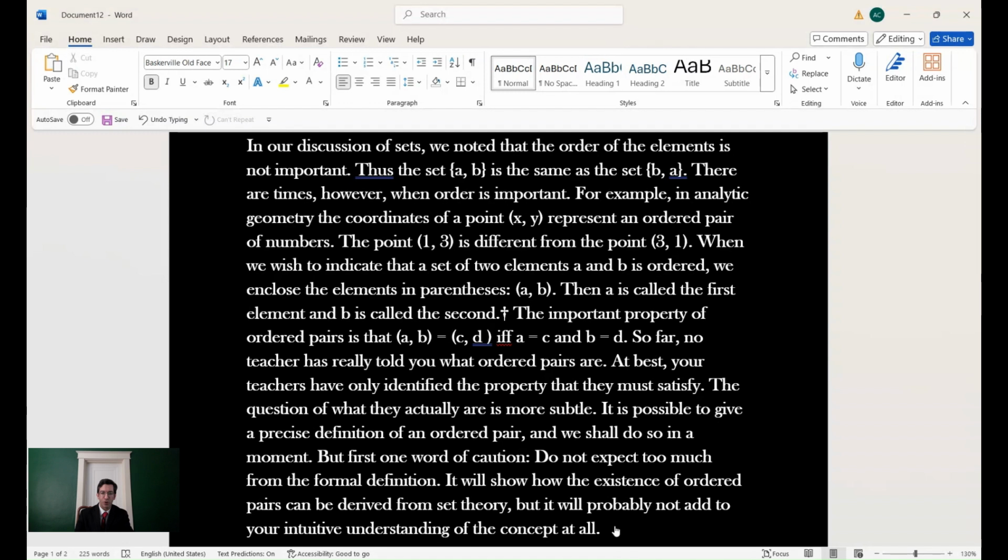All right, I want you to start looking at, or reading rather, the notes that I put here on the board. Because we have thus far spoken of sets. We said that when you're dealing with sets, with the braces, the order is of no concern. So the set AB is really rather flexible.